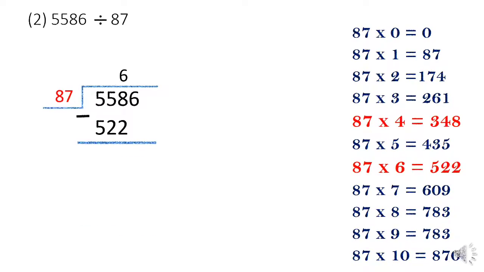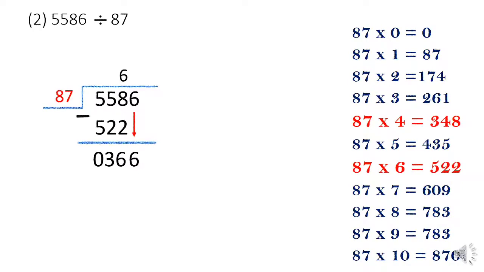So here 8 minus 2 is 6, 5 minus 2 is 3, 5 minus 5 is 0. Now step number 5, to bring down the next digit, and the next digit here is 6.